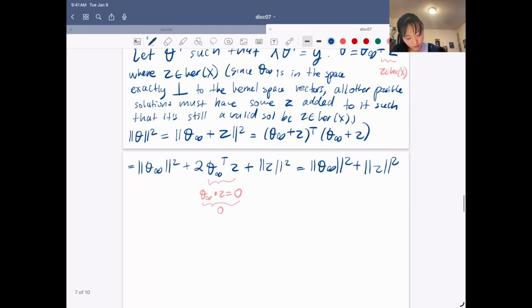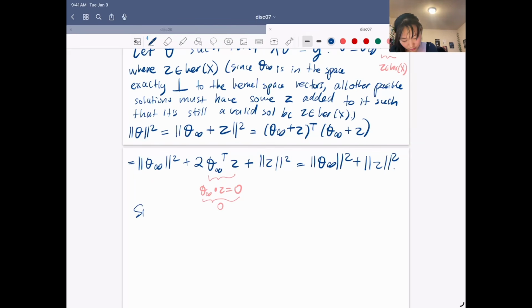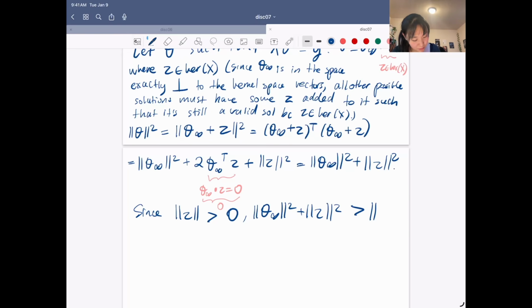And since z is not a 0 vector, right? Because our columns are linearly dependent, so there are other solutions z that are not the 0 vector and still map to 0. And so therefore the norm of z must be greater than 0, which means that this equation is greater than that.